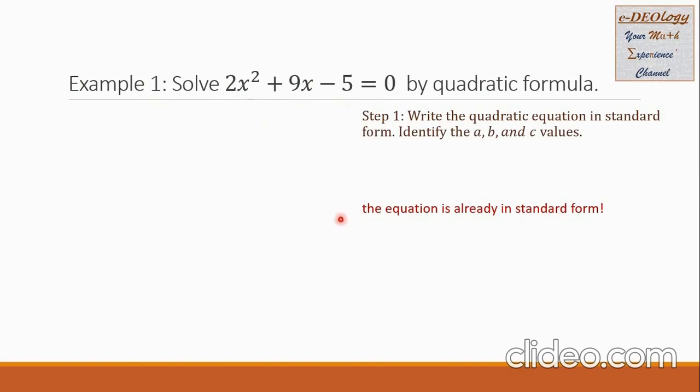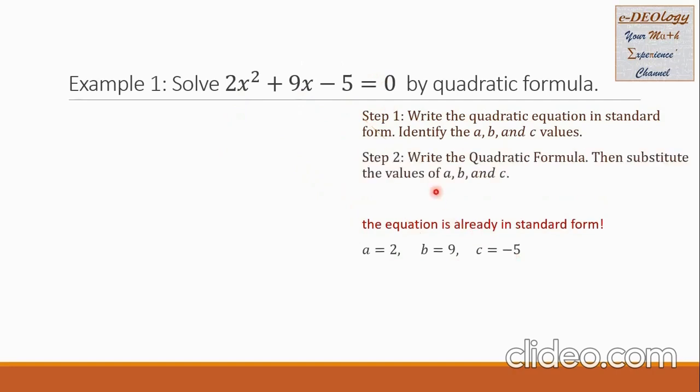The equation is already in standard form because all the terms are on the left and it is equal to 0. Identify now the a, b, and c values. So we will collect the a, that is the coefficient of x squared, it is 2. We collect now the b, the coefficient of x, and that is 9. And the c is the constant, -5.